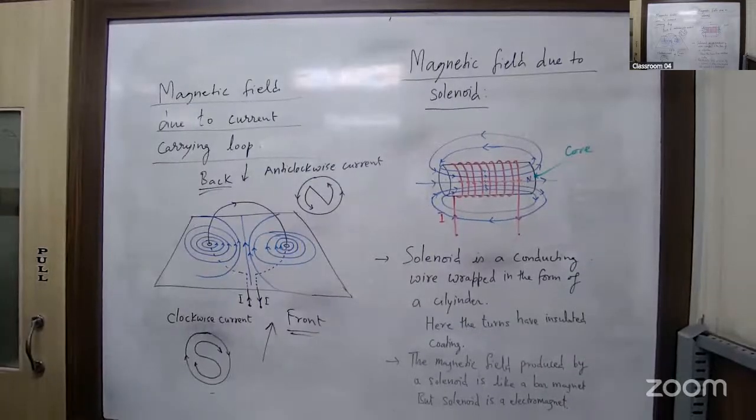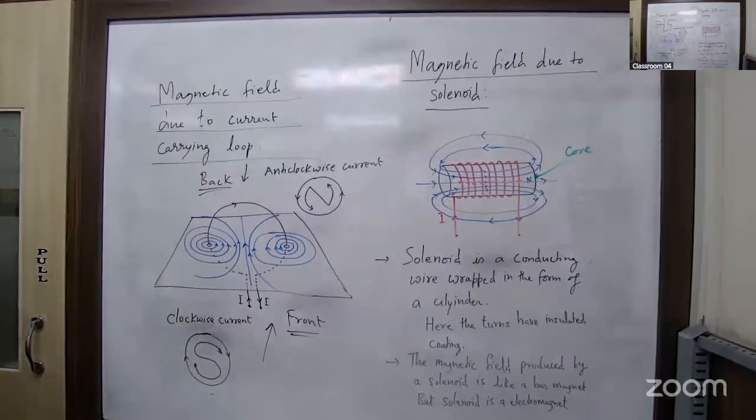Understood? Sir, but the core is not touching the wire. No, the wire is touching, but there is no electrical contact because the wire is coated. Then how?